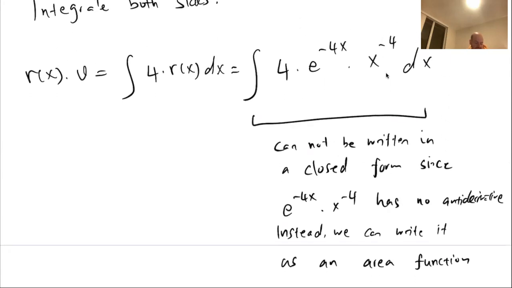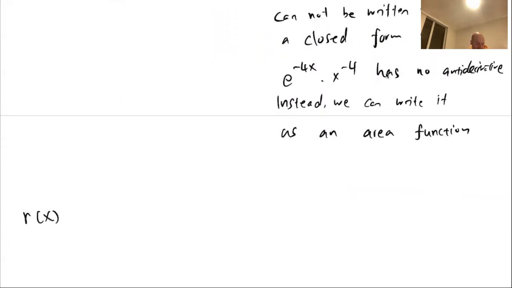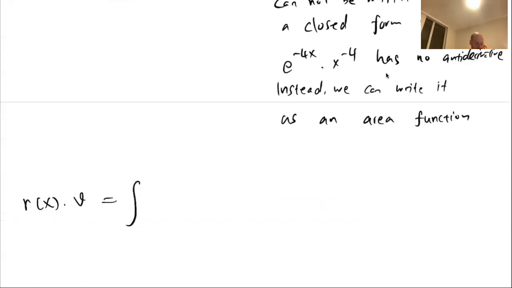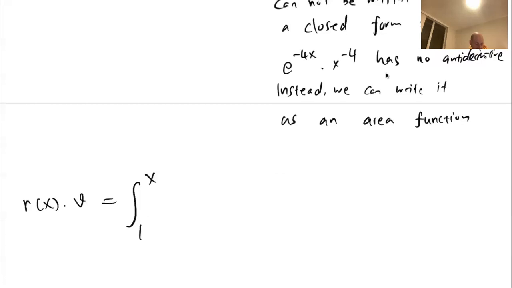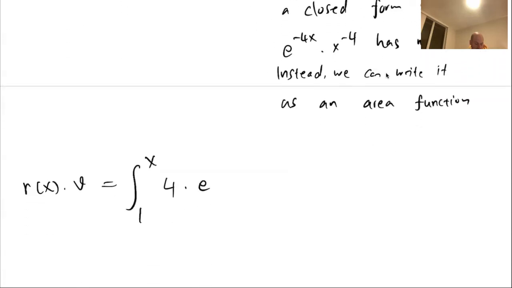Area function. So we can write this one as r(x) times v equals the integral from 1 to x of e to the power minus 4t, t to the power minus 4 dt.